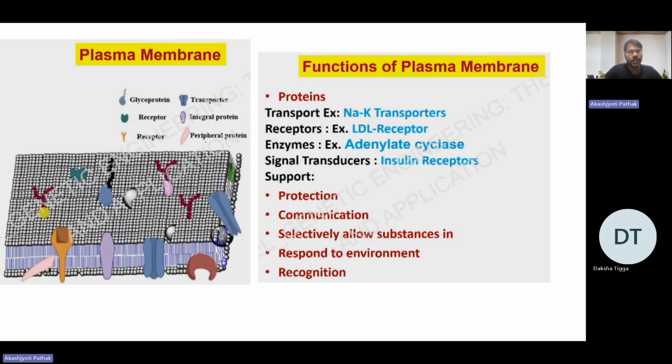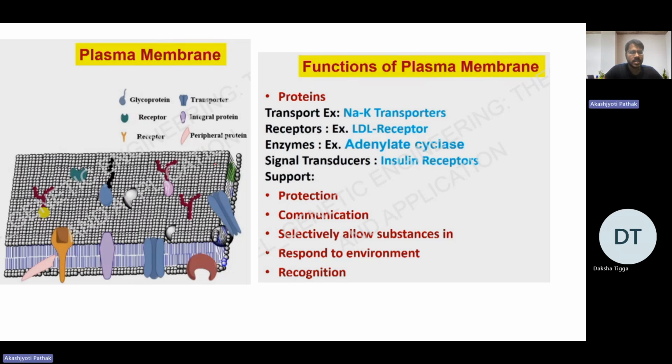They have ATP pumps that allow the cell to maintain an osmotic gradient, or to maintain a particular salt concentration within the cell.